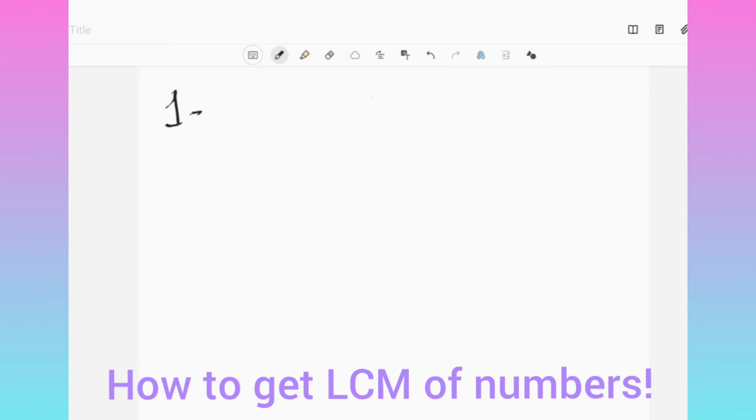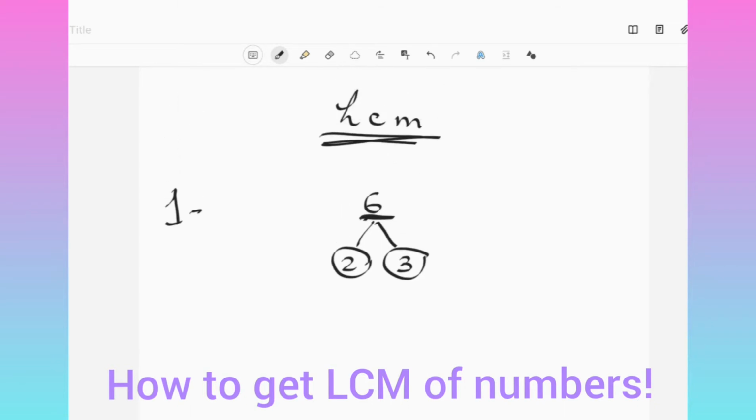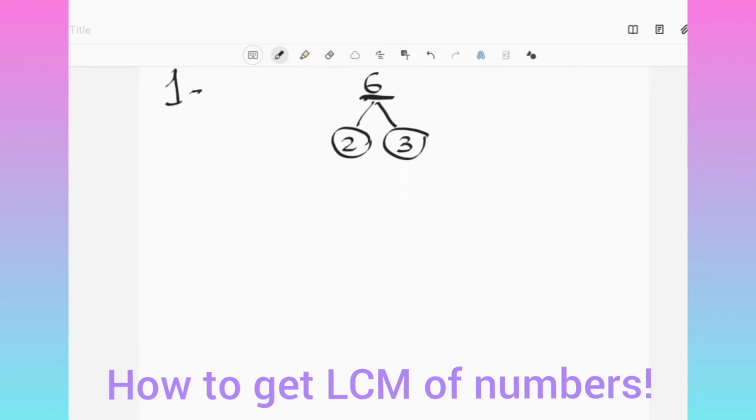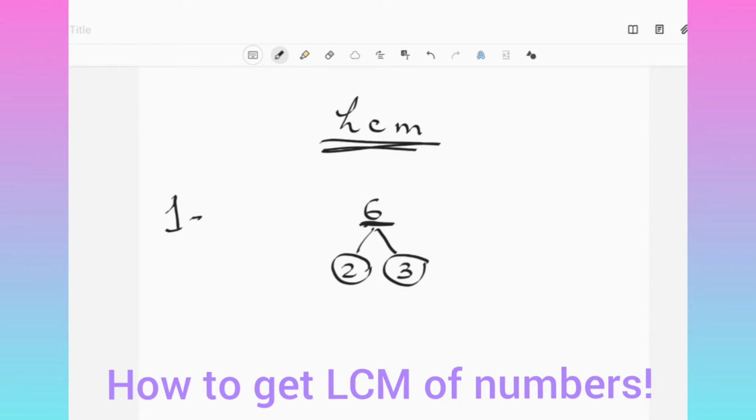Now suppose I want to find the LCM of the number 6. First I'd use the tree method. What do we multiply to get 6? Start with 2 big bubbles and fill them in with 2 and 3, because 2 times 3 is equal to 6. 2 and 3 are factors of 6, so the LCM is direct.